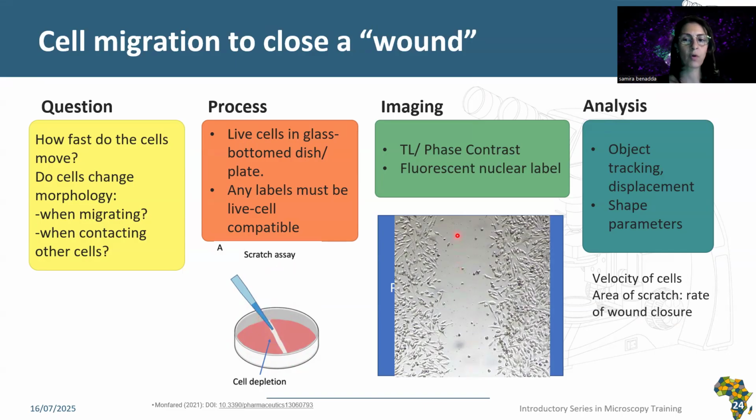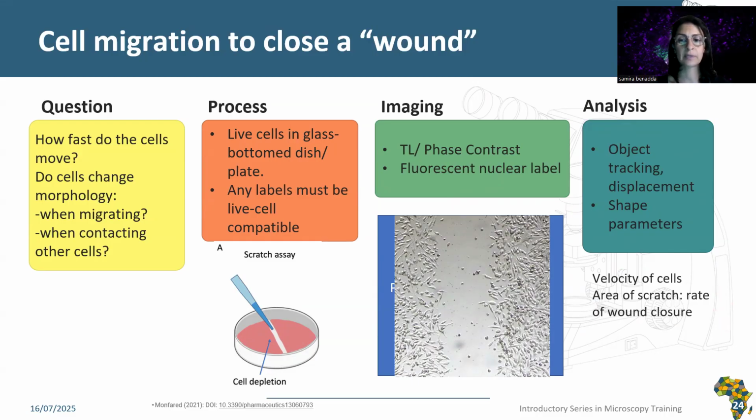After that, you have a hole here, an area, and on each side, you have the cells. So we can follow the recovery of this area in fluorescence, or just in white field with a phase contrast. And after, we can analyze the object tracking, displacement, shape parameters, and velocity of the cells.